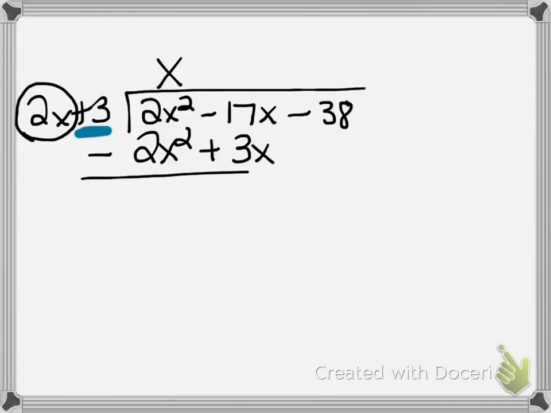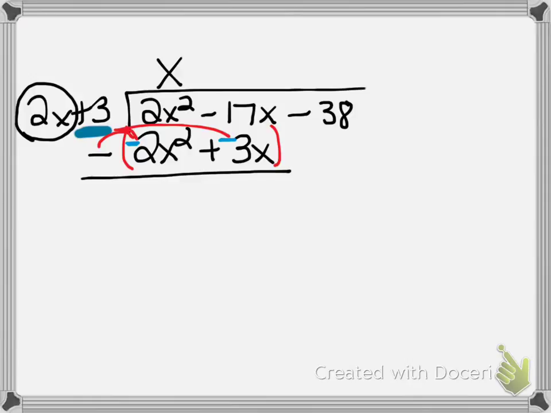And now I have to subtract, but what I need you to understand is you're subtracting this whole thing. So because you're doing that, what I recommend is to actually change the sign. Because I'm subtracting this whole thing, I'm going to distribute this negative to both. So what I've got here is a negative 2x squared and a negative 3x. I'm distributing that negative to both of them because I'm subtracting that whole binomial.